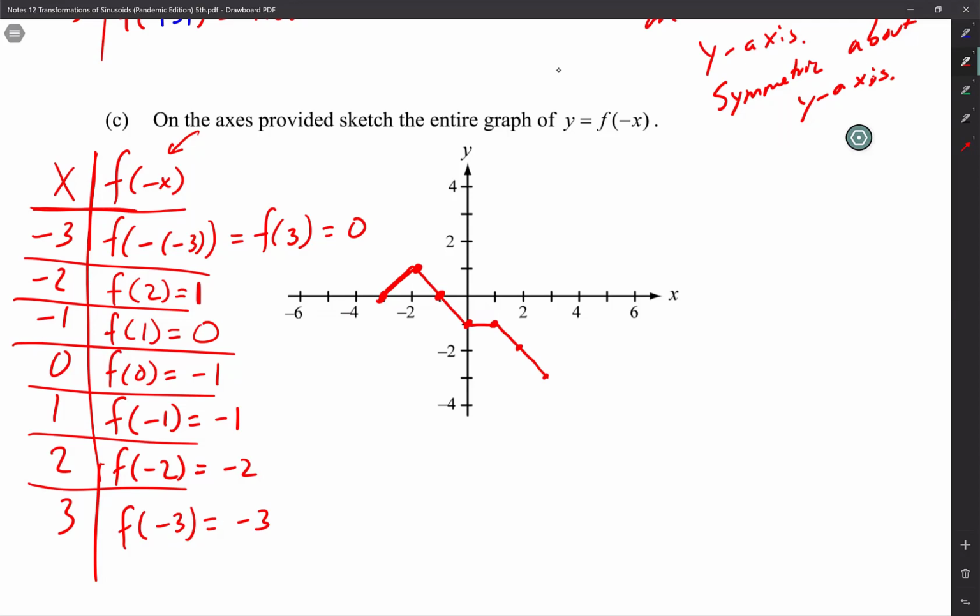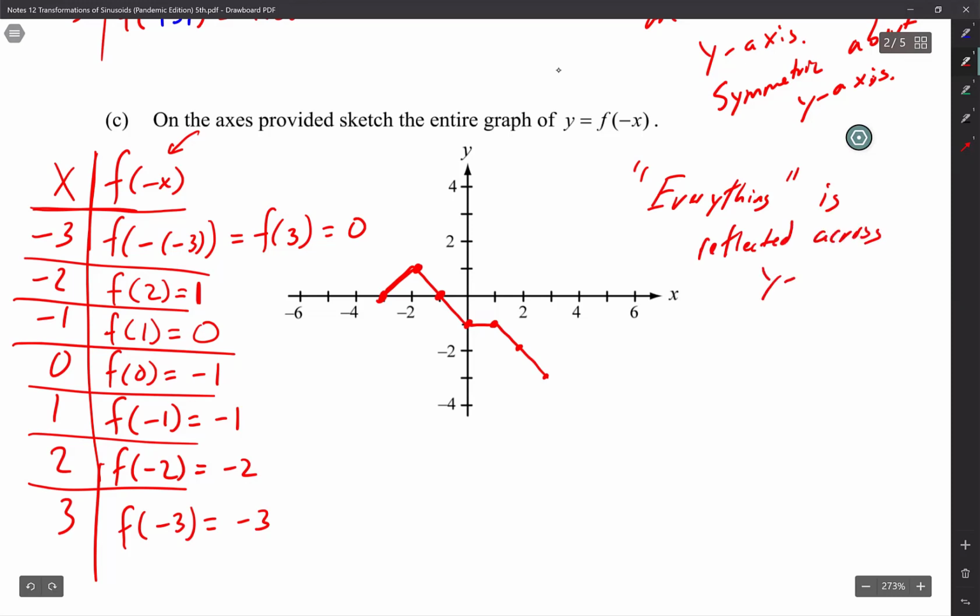Everything is reflected across the y-axis. I'm going to put everything in quotes. You can say flipped. That's perfectly fine. Everything is reflected across the y-axis. You can say flipped. I think flipped is probably the better word.